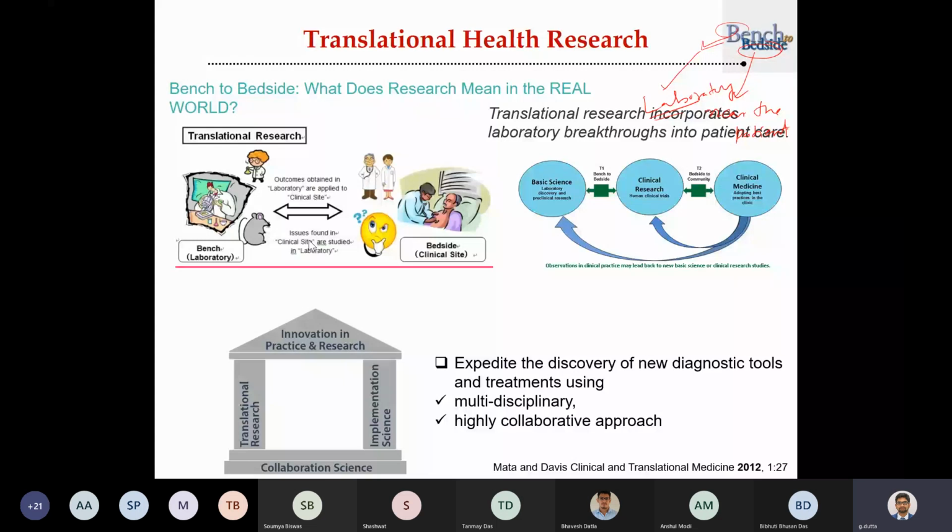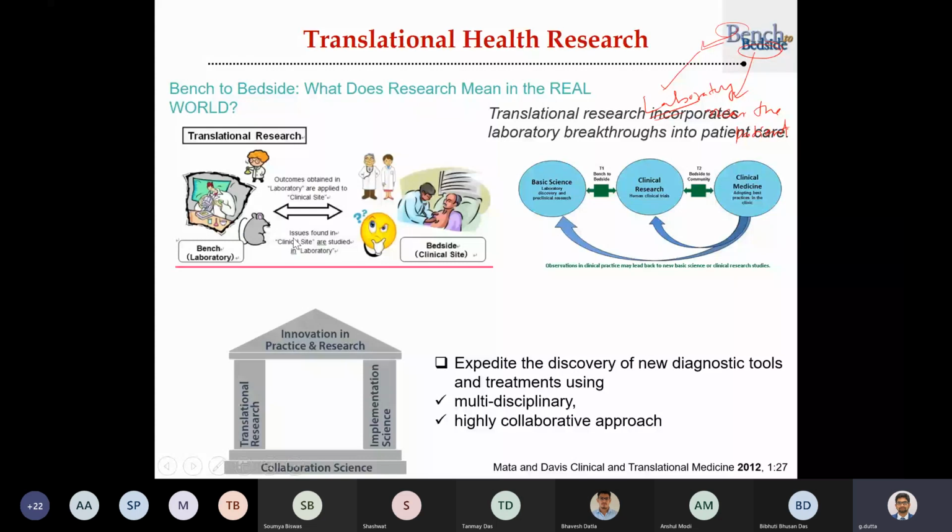Translational research expedites the discovery, whatever you're doing in the lab, by applying a multidisciplinary approach, because only one discipline cannot help you from bench to bedside application.